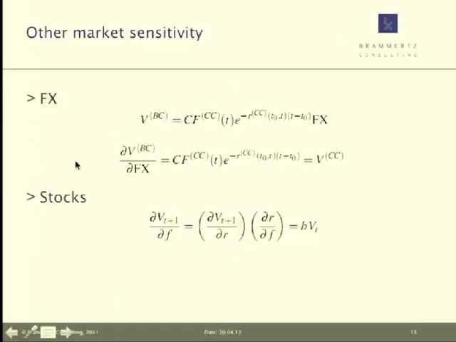Okay. Then the stock risk is the change of the stock given a change of the risk factors. But basically the result of it is the beta times the value at time t. So if you have a stock with a beta of 1, I mean it's just the index, then the market value of that is the sensitivity itself.